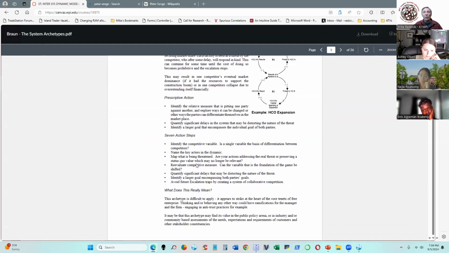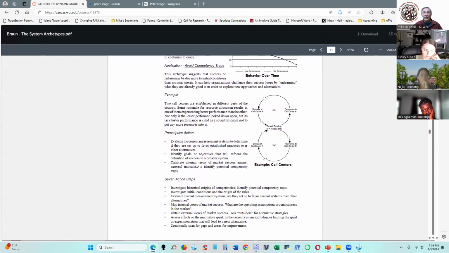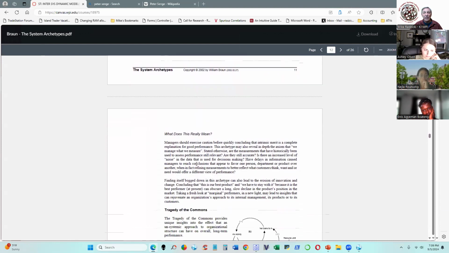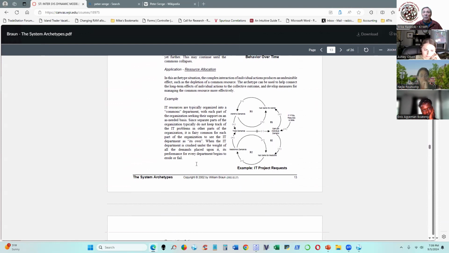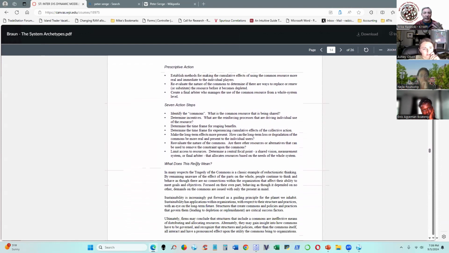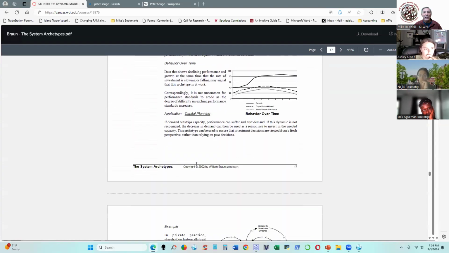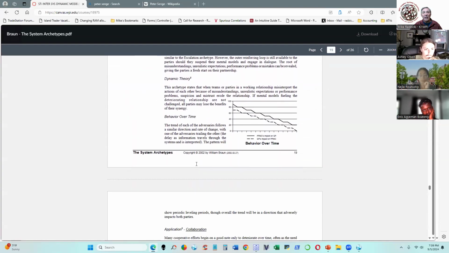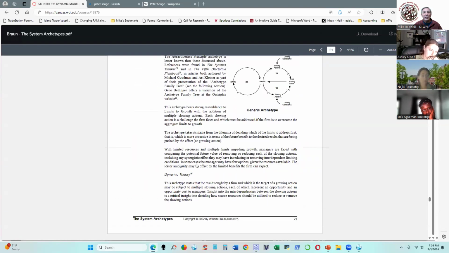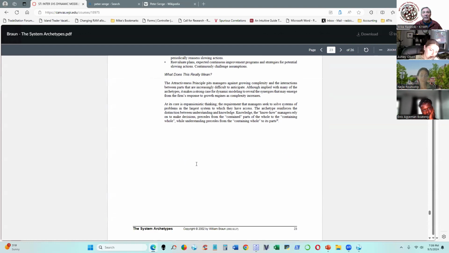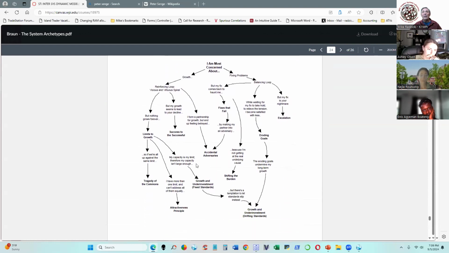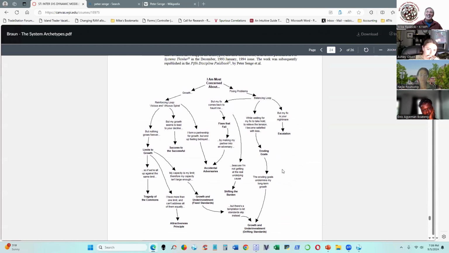I think if we scroll all the way down here, if memory serves, he's telling you when you use them and what their advantages and disadvantages are. Oh man, there's a lot of these things. There we go. Finally. So this is the thing I just showed you. I'm most concerned about growth or fixing problems. So he tries to organize them.